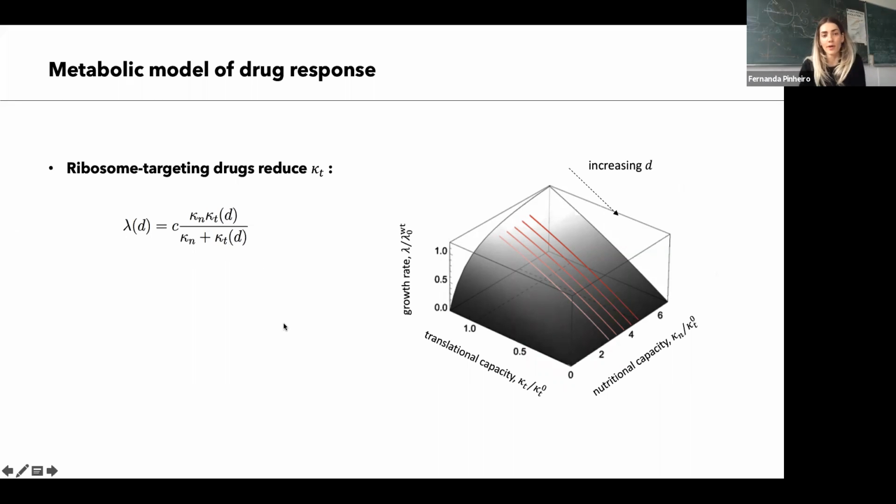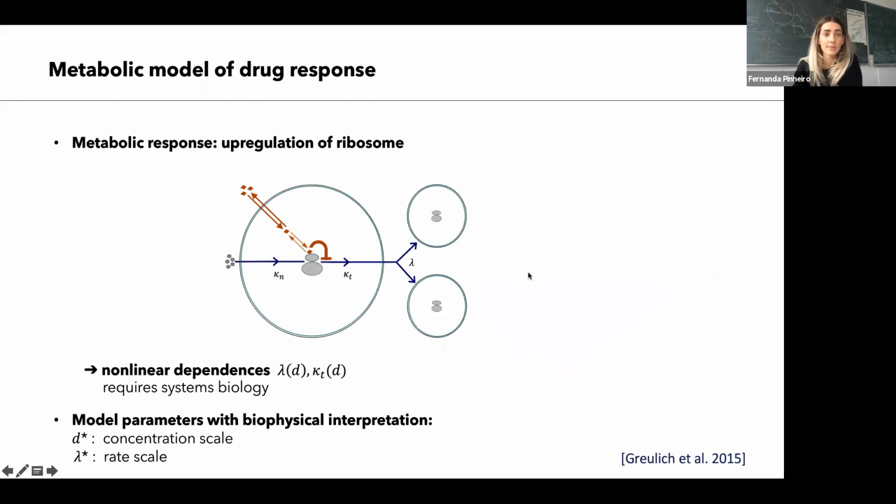But this is where the existing metabolic model of antibiotic susceptibility comes in. Very recently, Matt Scott, Greulich and Rosalind Allen established a quantitative model to describe growth inhibition by ribosome targeting drugs. And this integrates the mode of action of the drug with bacterial physiology.